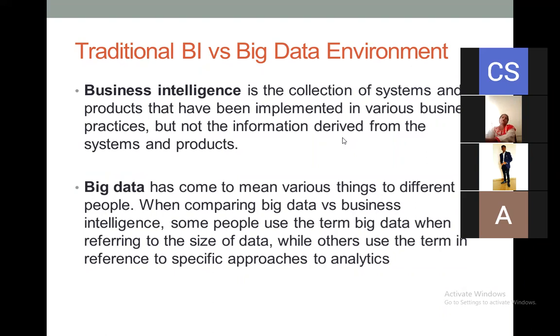Now moving to the next part, that is traditional BI and the big data environment. BI means business intelligence. So what exactly do we mean by business intelligence? Business intelligence is the collection of systems and products that have been implemented in various business practices.